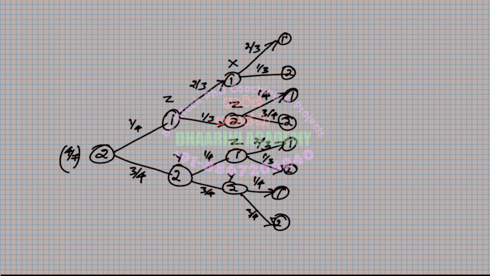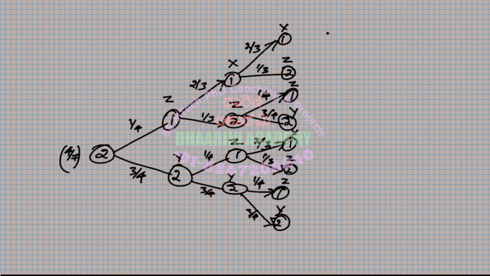Let's also write the symbols. 1 to 1 will be X, 1 to 2 is a Z, 2 to 1 is Z, 2 to 2 will be a Y. So corresponding to that, we'll write the symbols drawn now.